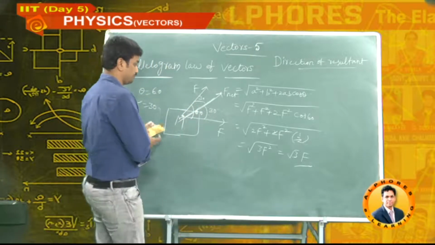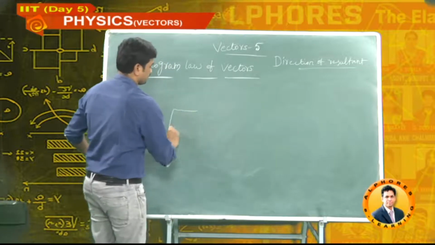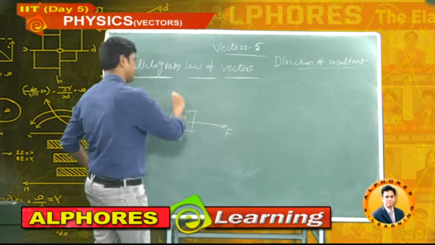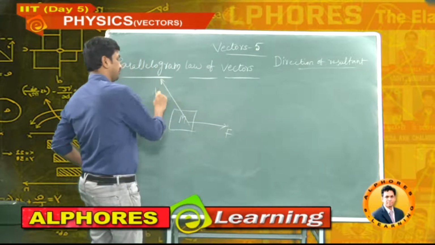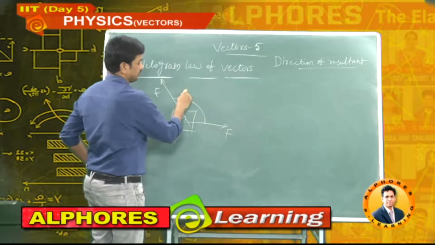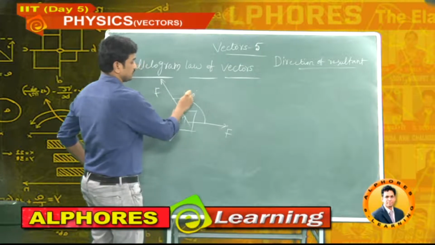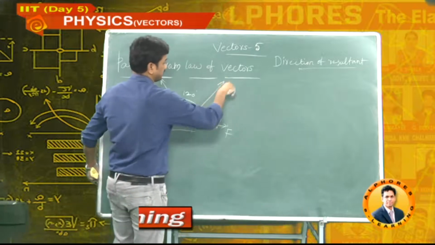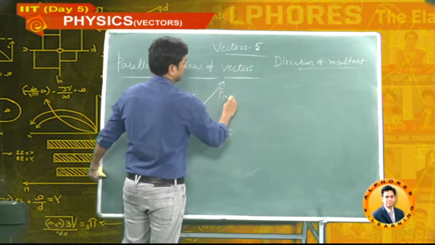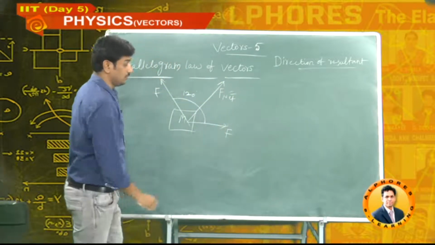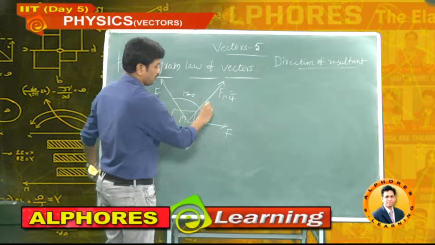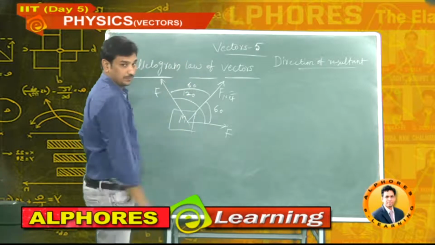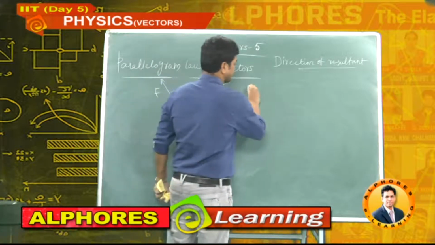Now one more: two forces F, angle 120 degrees. Now the resultant force, net force, both are the same. Both are equal. What is the angle here? 60, this also 60. What is the formula for net force?